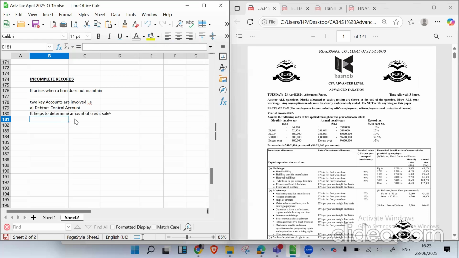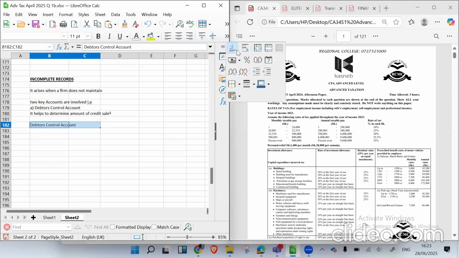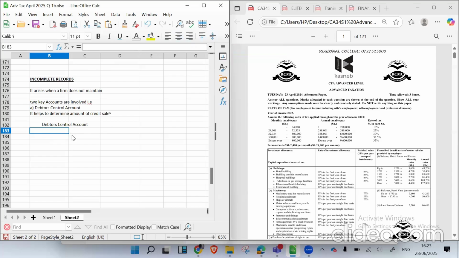So let's see, it's a T account. You have the debtors control account. Let's prepare it here. So here we have shillings.